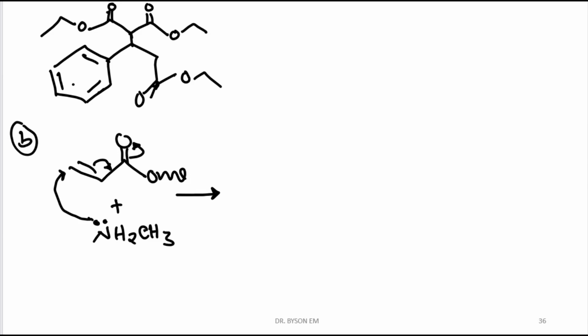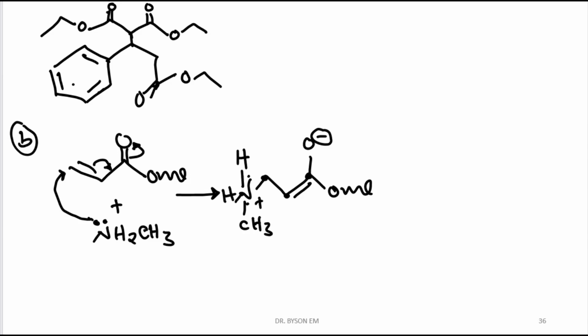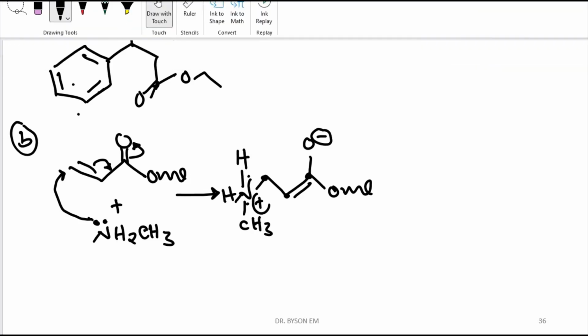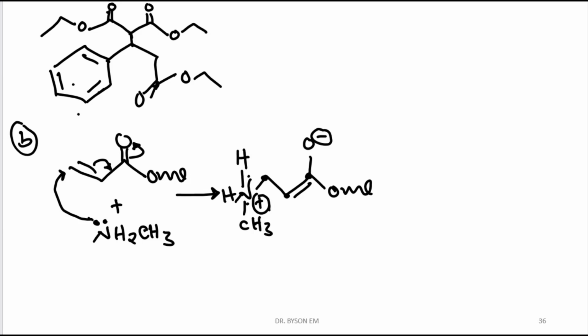So what will happen is that there will be addition of the nitrogen, double bond here, then the nitrogen will be added here. This nitrogen has got CH3 attached to it, and then it has an H here and another H here, so it will be positively charged like that.